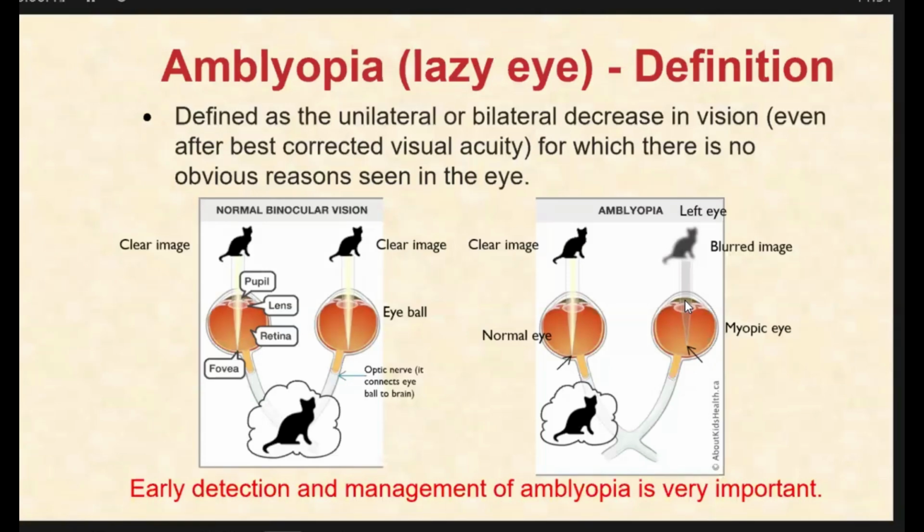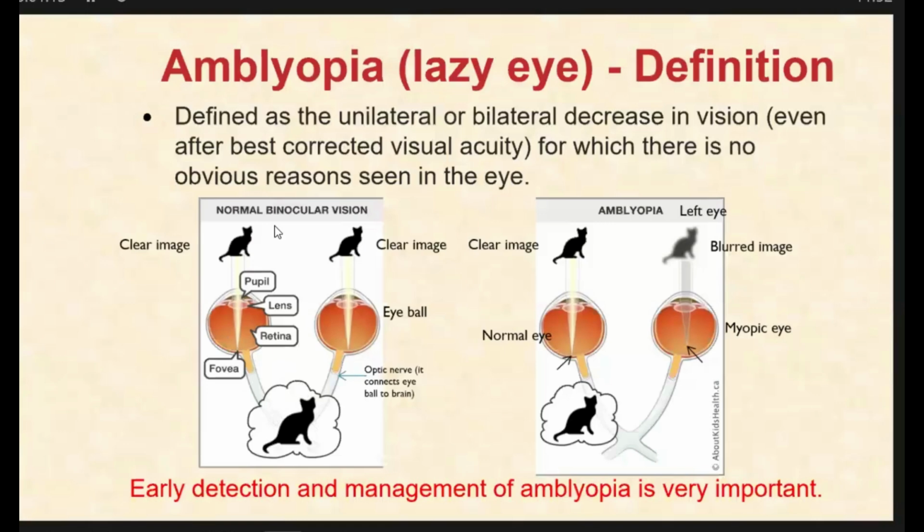So what is amblyopia? Commonly referred to as lazy eye, it is defined as reduced best corrected visual acuity in one or both eyes which are structurally normal, and it is caused by abnormal binocular interaction during the critical period of visual cortex neurodevelopment. In the first picture, there is normal BSV.